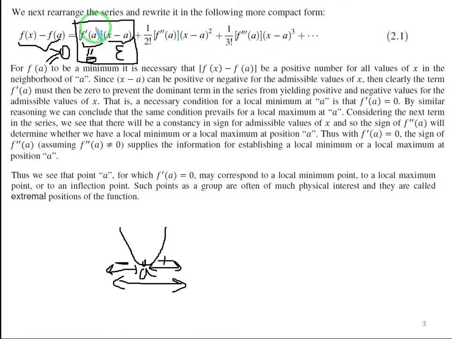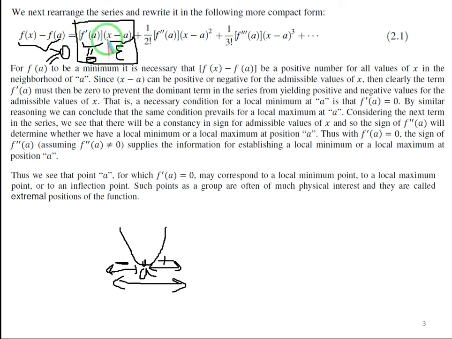So we proved that for a local extremum, f dash a, or the derivative of f with respect to x at x equals a, or at point a, must be 0.